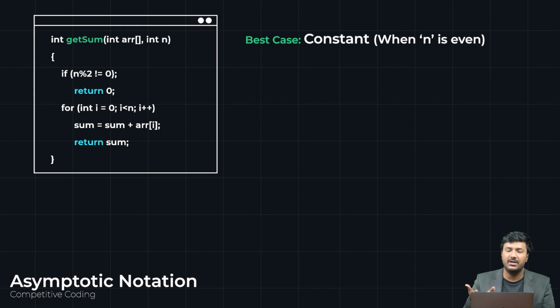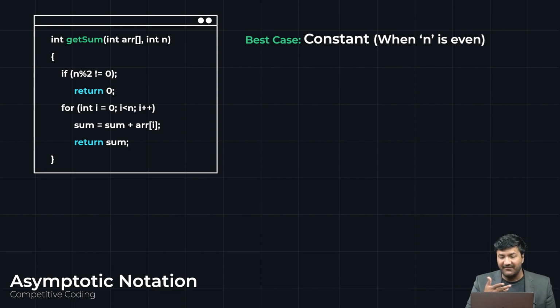Let's say your number is 4. You go to this particular condition, n percent 2 equal to 0, and then directly you are returning and coming out of the function, right? So in that case, your order of growth is a constant. That is your best case: if the number is even, I don't even have to go to the for loop. Before the for loop, the function returns something.